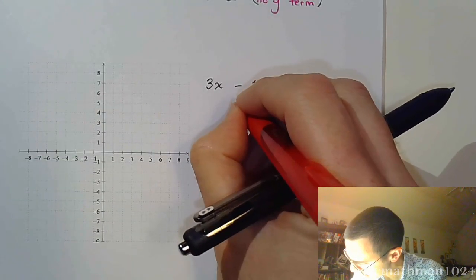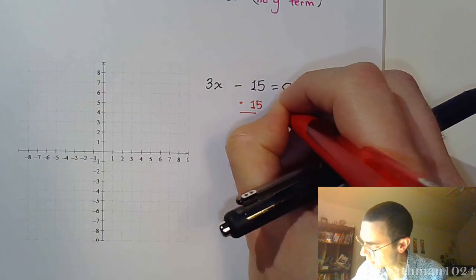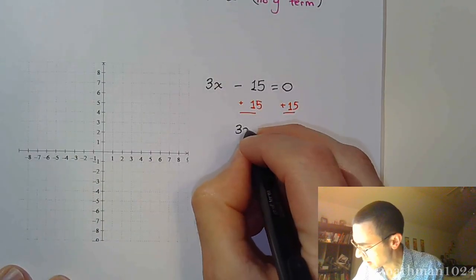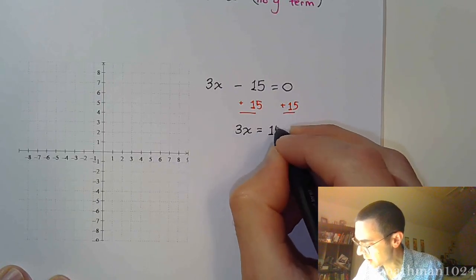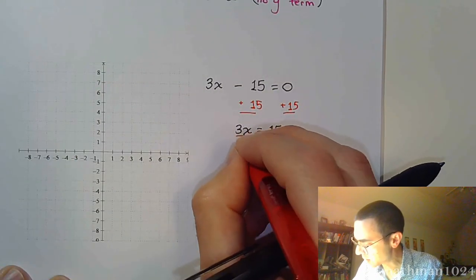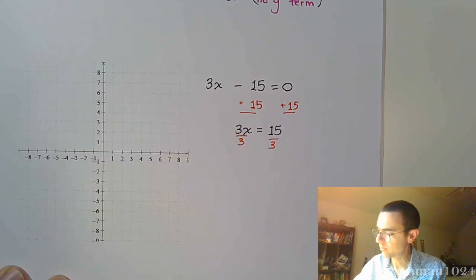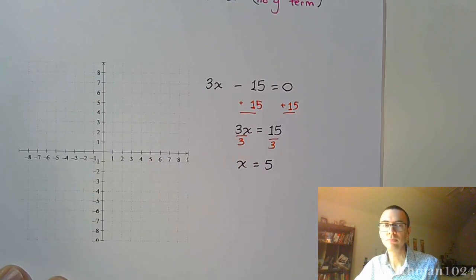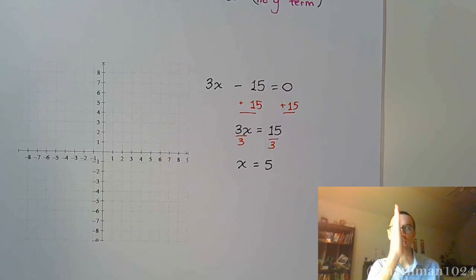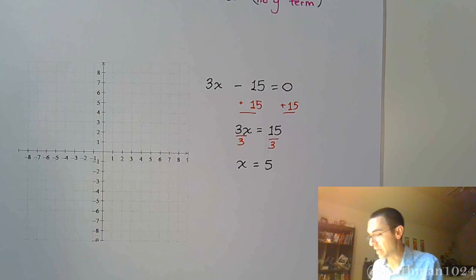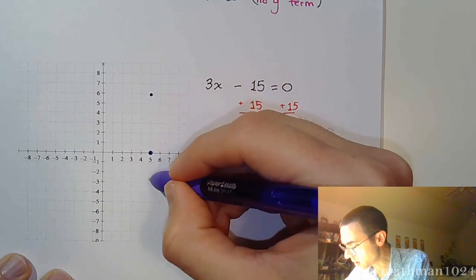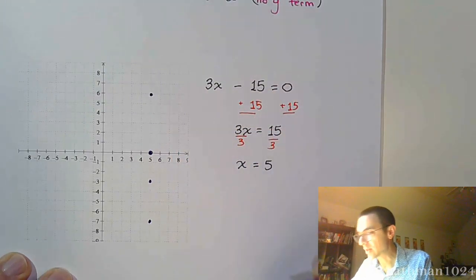So let's add 15 to both sides. 3x is equal to 15. And then divide both sides by 3. x is equal to 5. So that means it's x equals 5, and it should be a vertical line located at x equals 5. So you could start right here and really just put a few points. Doesn't really matter where they are, as long as they are where x is equal to 5.